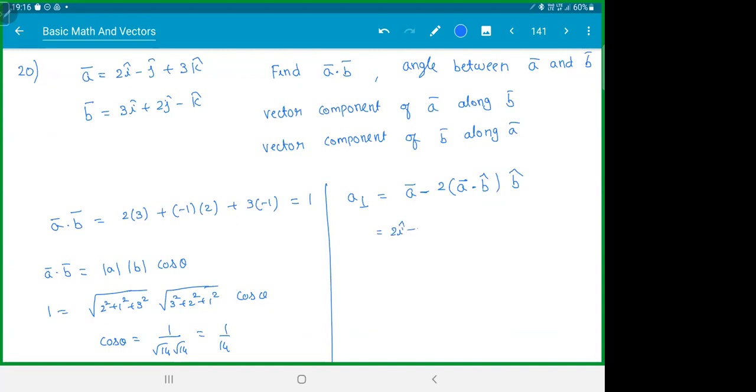This is 2i minus j plus 3k minus. Or if you don't like the B cap, you can just keep it as B bar by mod B. Same thing. If you feel like B cap will need to be calculated again, you can just keep it in terms of B bar by mod B. And that would have been the same.